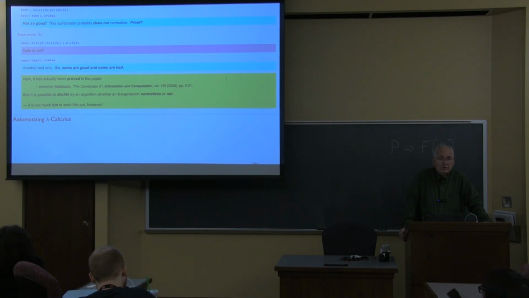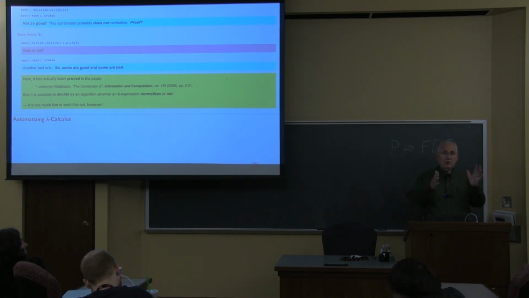There's no test for the full combinator calculus as to whether an arbitrary combination of S's and K's has a normal form. It's a recursively enumerable, non-recursive set. The expressions that have normal form are recursively enumerable because you just apply the rules until you find the normal form, and so you say, hey, it's good. But if it's never going to stop, you can't guess whether it will stop or not. And so that's an example of a recursively enumerable, non-recursive set of expressions.